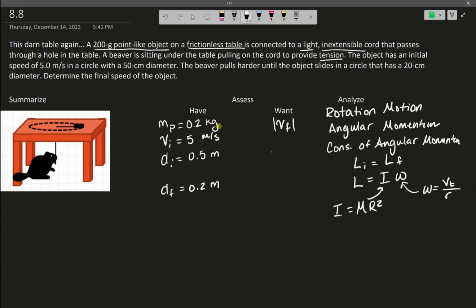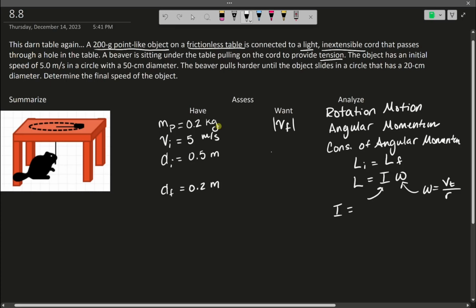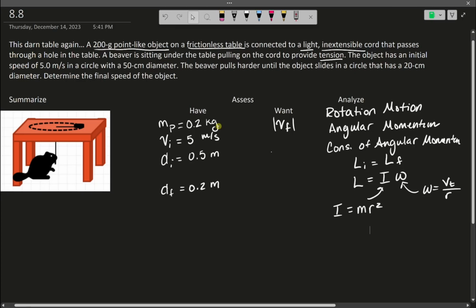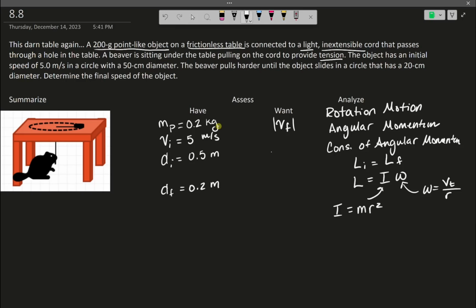One other thing that I note, let me do it this way so that you know these are the same R's. So this R and this R are going to be the same. Both of these radii refer to the radius of the circle that this point-like object is moving in. The next thing that I notice is that both of these require radius.